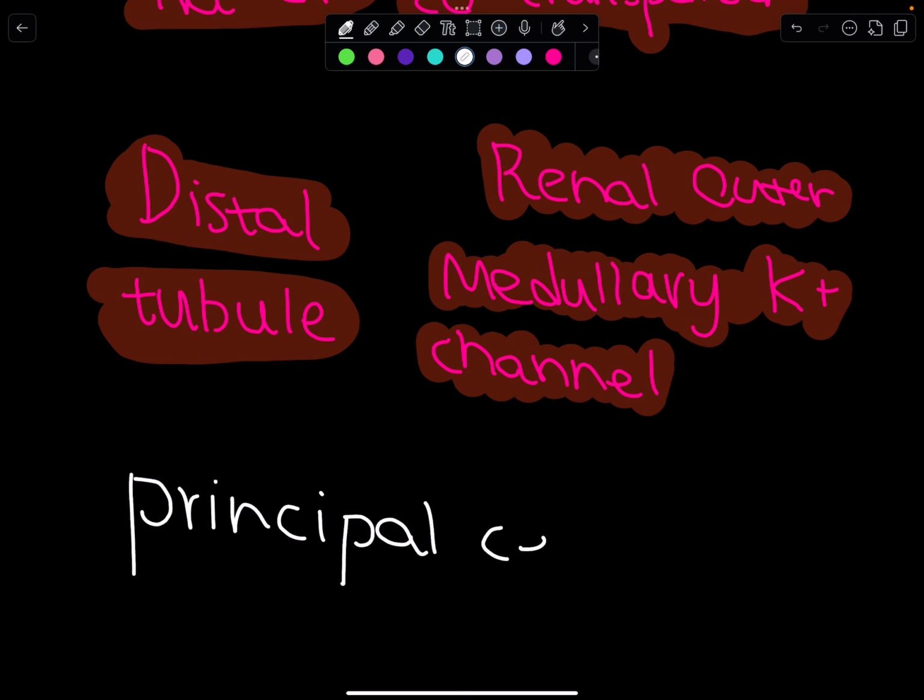to regulate levels. And what are principal cells? Principal cells are specialized cells in the late distal tubule and collecting duct that regulate sodium, potassium, and water balance. They reabsorb sodium through epithelial sodium channels, ENaC, stimulated by aldosterone, which creates a lumen-negative potential, driving potassium secretion via renal outer medullary potassium channels, ROMK.